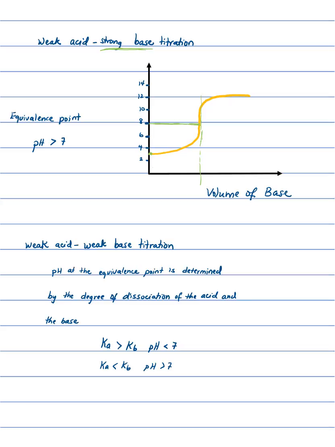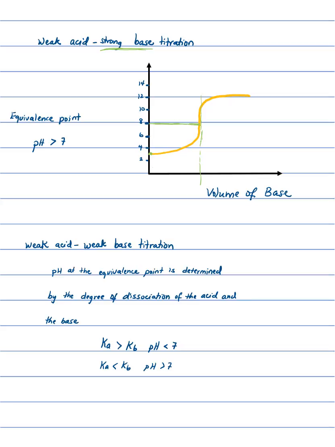Remember, your Ka and your Kb represent your equilibrium constant. That numerical value is telling you how much of your acid or your base is dissociating in solution. The larger the value of your Ka or your Kb, the larger the dissociation of your initial molecule. So whenever your Ka value is larger than your Kb value, it means that your acid is dissociating to a larger extent.